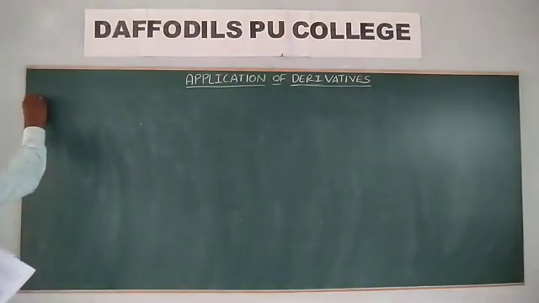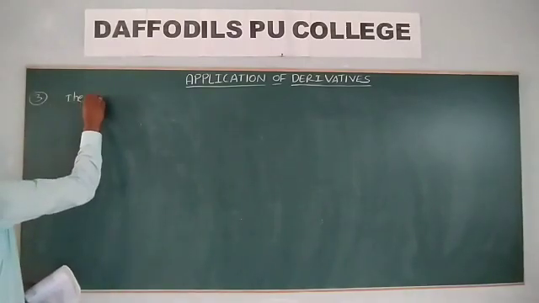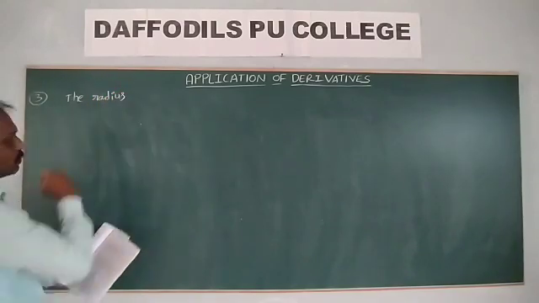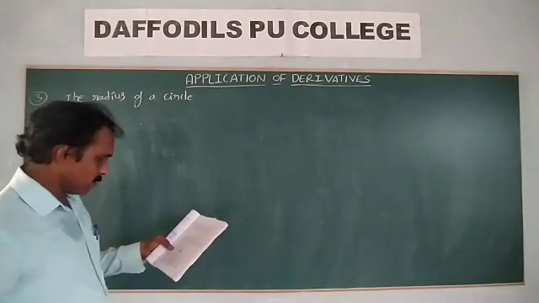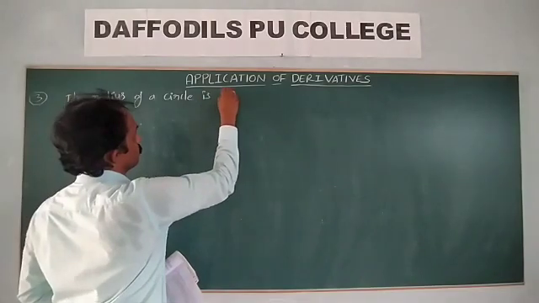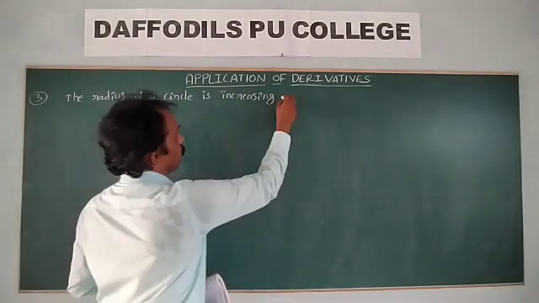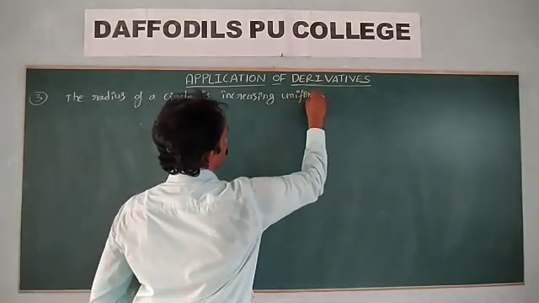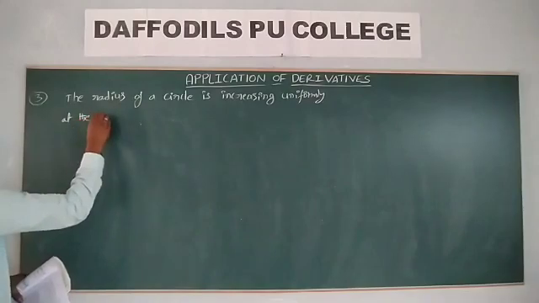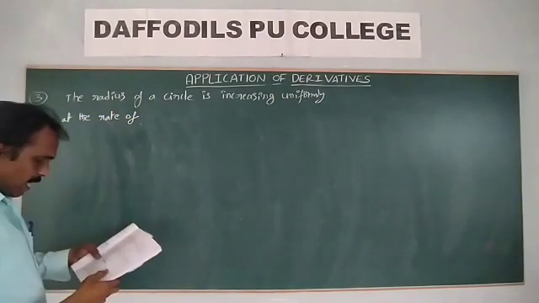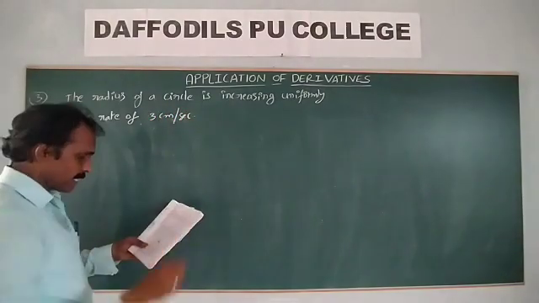Okay, third problem. The radius of a circle is increasing uniformly at the rate of 3 centimeter per second.